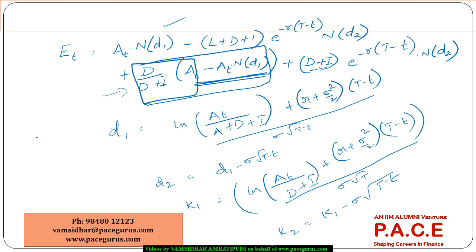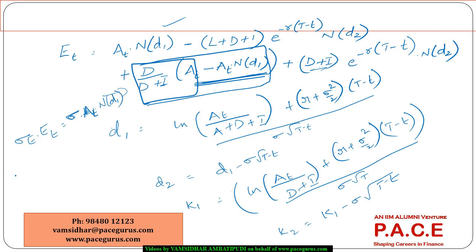And just like the earlier case, in a single case, sigma E times the value of equity is equal to sigma, the asset volatility, times the value of the asset at time t times N(d1).